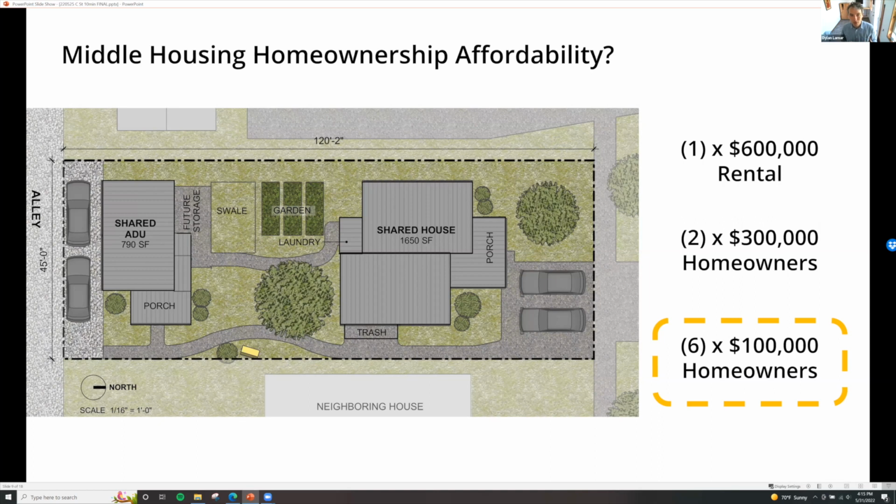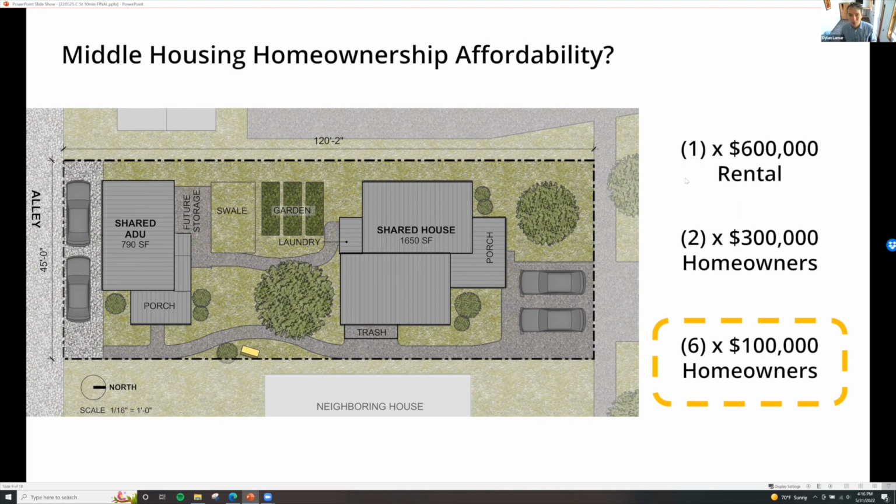And as I started to pencil out what we could do here, in effect at the time, this is now about 2 years ago when I started this, was regular single family zoning with the ability to do a backyard ADU. So just in looking at the numbers, okay, I could build out this property with a house and an ADU, and it's going to be something that I'm going to sell for about $600,000 because that's about what it'll cost to develop it.